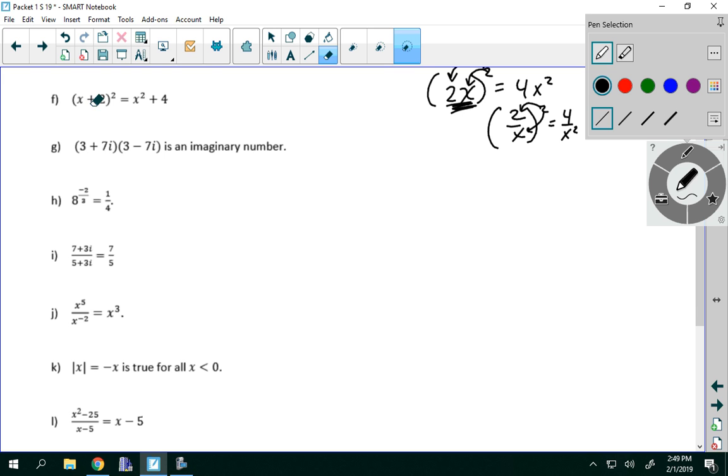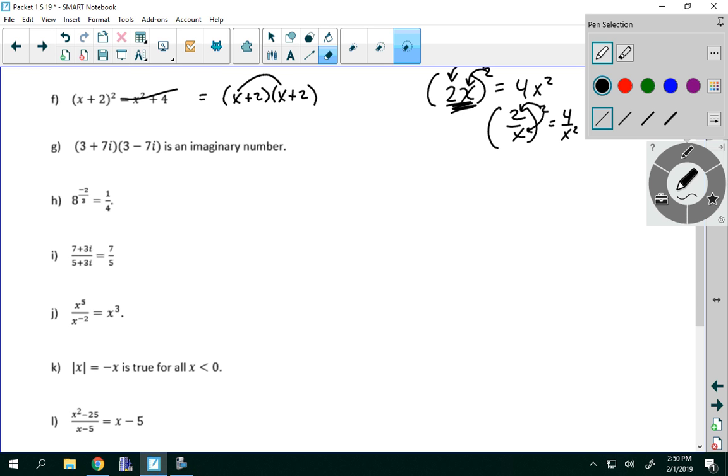Here you have addition, or even if this was subtraction, you don't apply this exponent of 2 to the x and the 2 here. What you do is you use the definition of what it means to square something, and you write out x plus 2 times x plus 2.